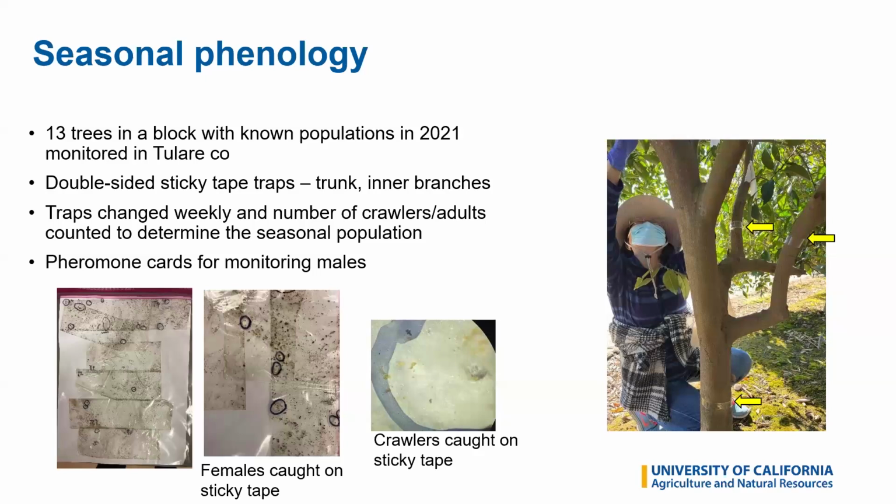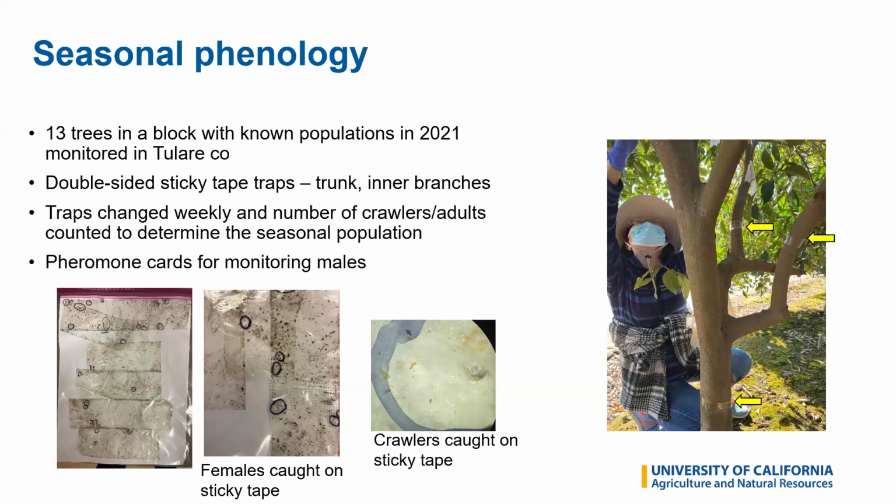Okay, that's how we would use biology to inform management. Now let's talk about seasonal phenology. When we started hearing complaints from pest control advisors and growers about citrus mealybug, we had no clue how mealybugs were moving in the field. When were the generations emerging?